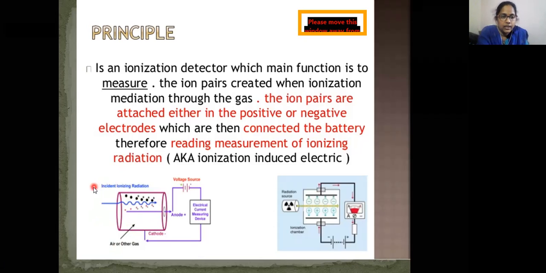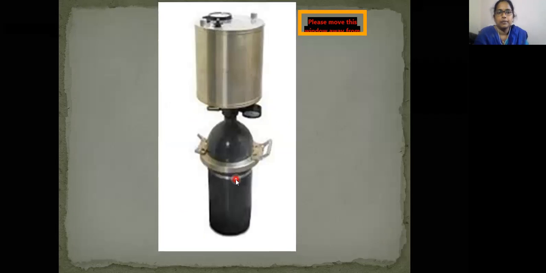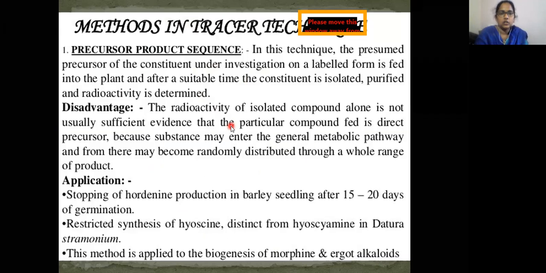When the ionizing radiations enter the chamber, it is attached to the battery, cathode and anode. Ionization takes place and the positive and negative ions will be distributed, and it will give you the readings, and those readings can be measured on the monitor. So this is the gas ionization chamber, right?